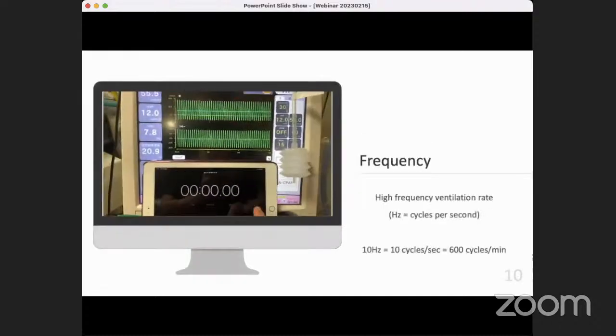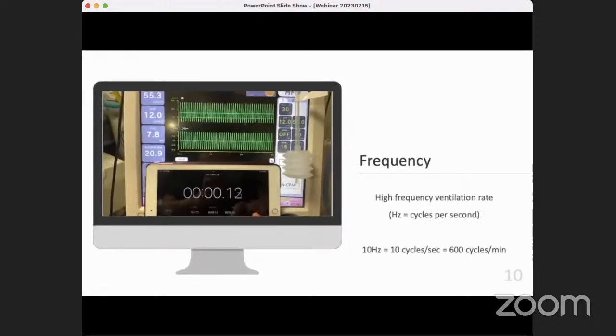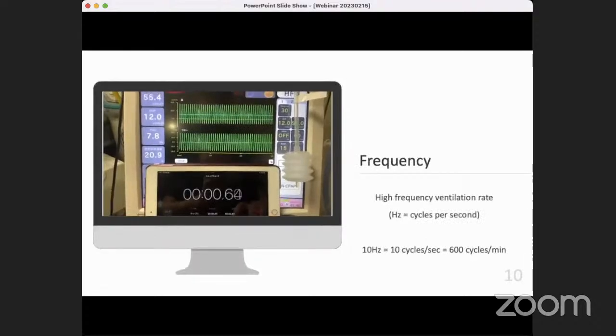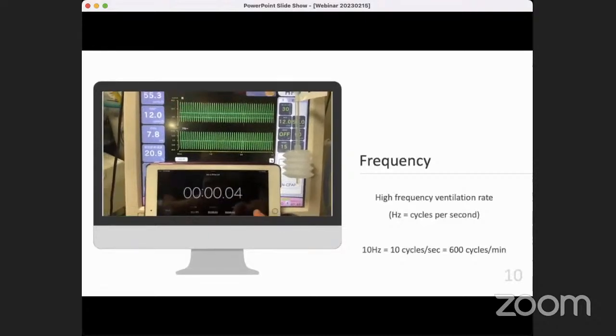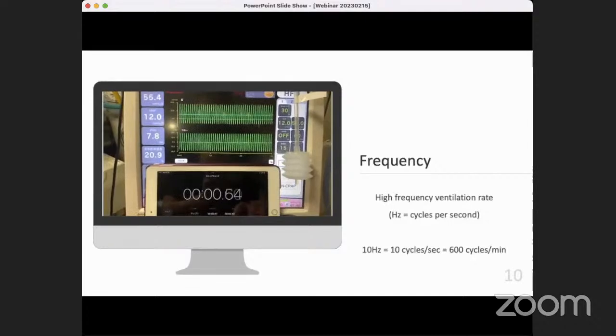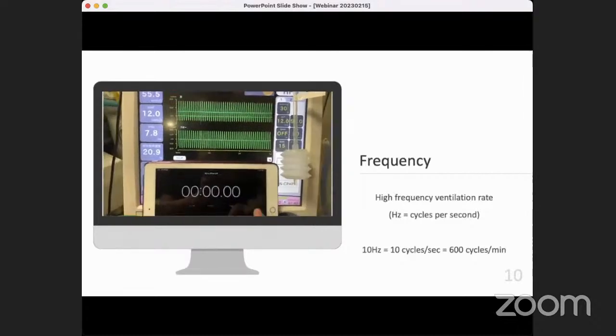Earlier, we talked about frequency. The number of breaths taken by an HFO is expressed in Hertz. At 10 Hertz, this corresponds to 10 times per second, or 600 times per minute. I actually checked it in slow motion. The ventilator was set to 15 Hertz.